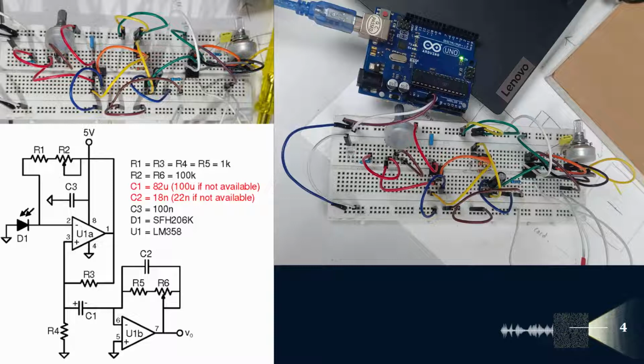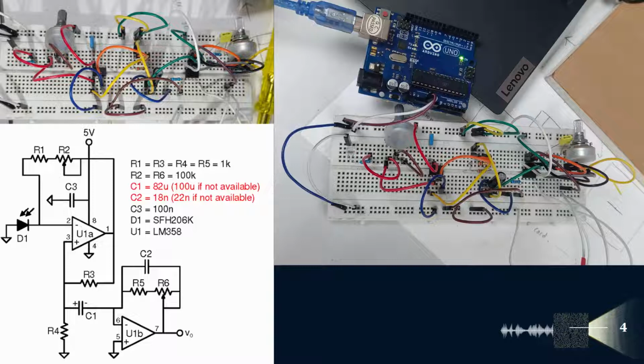The capacitance of the photodiode is specified in the datasheet of the SFH206K and is equal to 72 picofarad. For FET op-amps, the internal capacitance is usually provided in the datasheets as well. For BJT op-amps, which have a lower internal capacitance, the value is not specified.